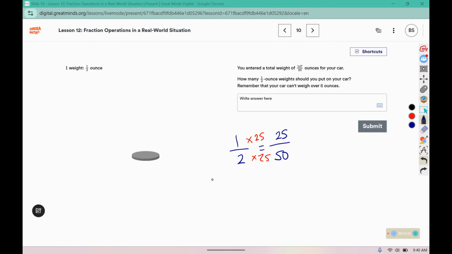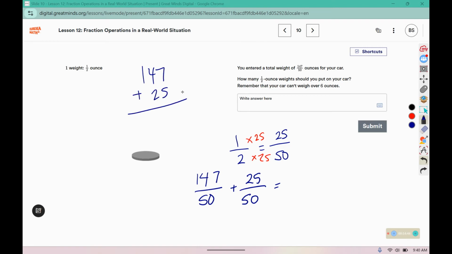So if I add 1 weight, 5 plus 7 is 12. 4 plus 2 is 6, plus 1 more is 7.